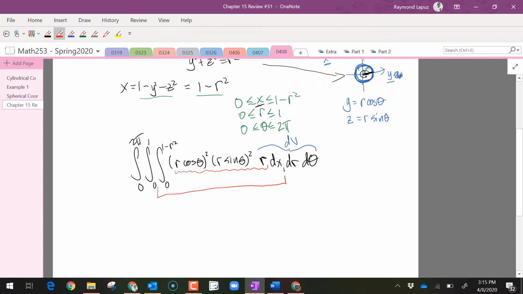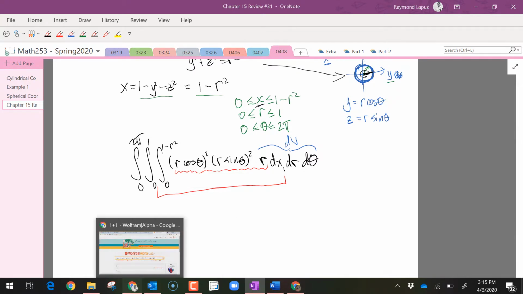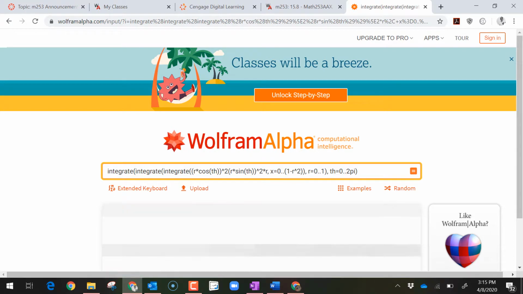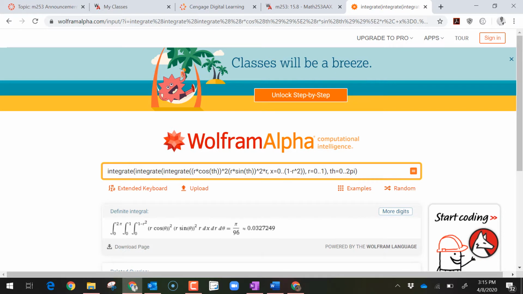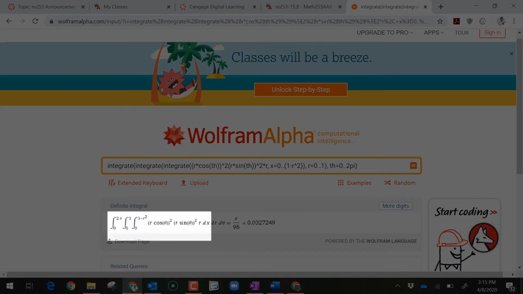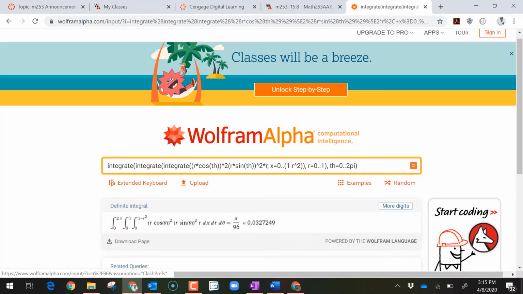And actually, this is already prepared here for us, and if we do this integral using Wolfram Alpha or something like that, we can just go ahead and punch that in and get our solution. And it looks like our solution is going to be pi divided by 96, a very small number.